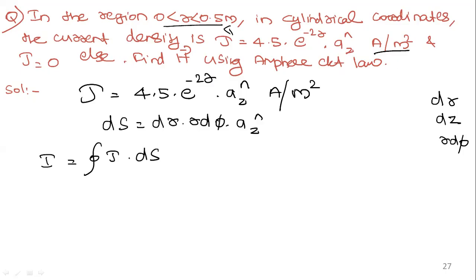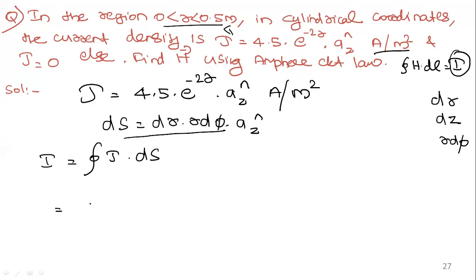So the base for all this calculation is integral H dot dl is equal to I. First of all, we are finding out what is I, because in our question they have given us current density. From that we need to calculate I. In order to calculate I, we need ds, which we have calculated now. So I is equal to integral over J dot ds.